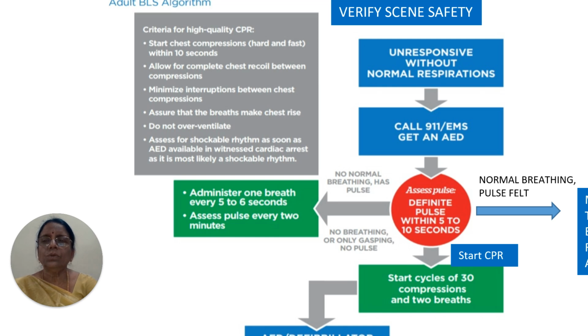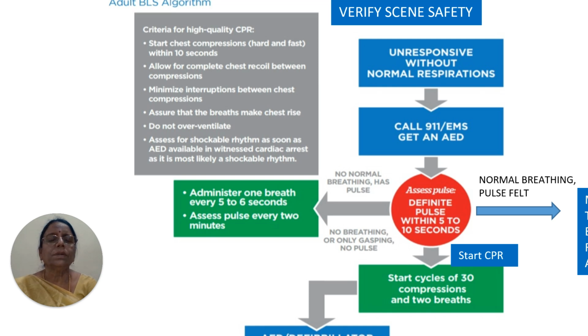So as soon as you reach the spot, you have to verify whether the scene is safe or not. So you have to verify scene safety. Then if the person is unresponsive without normal respirations, you call for help. You call 108 ambulance or activate the emergency medical system and get an AED.